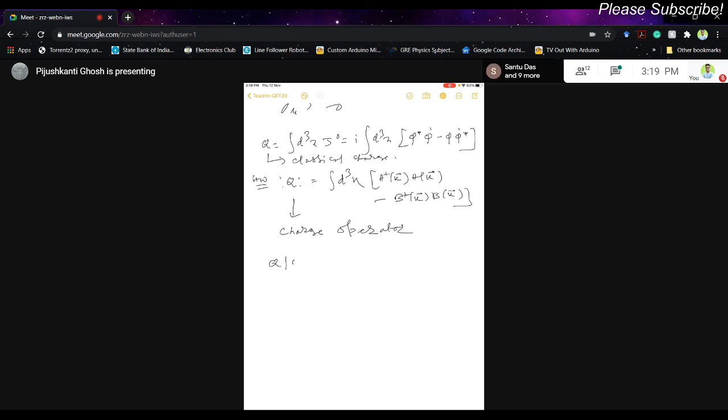So Q of the vacuum, what is it? Q is this expression, the integral d^3k of a dagger k a k minus b dagger k b k, on the vacuum 0. What is the expression?